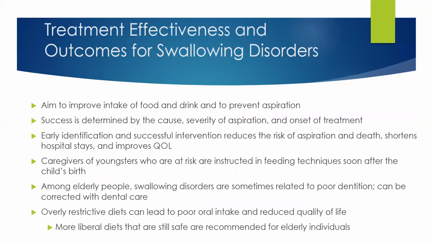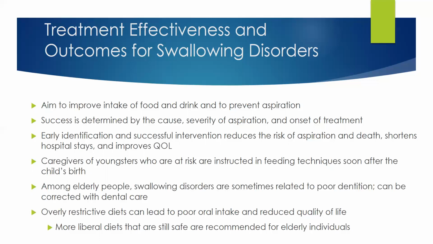Okay, so in terms of wrapping up this section, treatment effectiveness and outcomes are a really important consideration. And so our aim is to improve food and drink and to prevent aspiration. And the success of this is determined by the cause, and so the etiology and the differential diagnosis, the severity and the onset, and whether it's a progressive disorder, so the nature of the disorder has a big bearing.